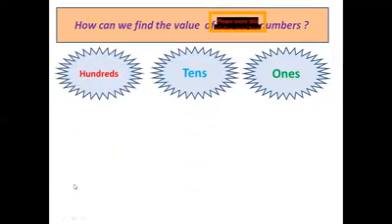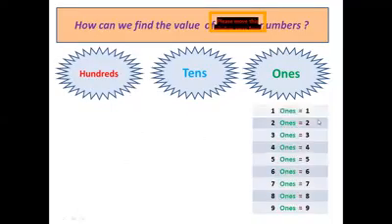Okay, if the digit is in ones, look carefully with me at this table. 1 in ones equal 1, 2 in ones equal 2, 3 in ones equal 3, 4 in ones equal 4, 5 in ones equal 5, 6 in ones equal 6, 7 in ones equal 7, 8 in ones equal 8, 9 in ones equal 9.